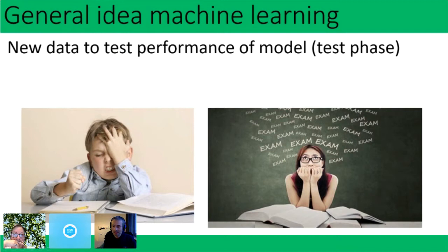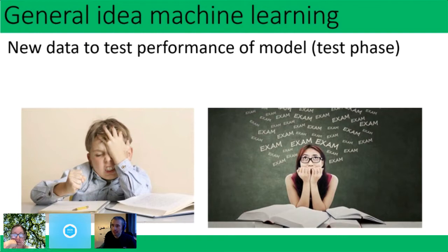As you can see here in the pictures, it is always an exciting part, because sometimes the training phase goes very well, so you see that the predictions made by the model in the training phase are very accurate, but then when you test it on new data that the algorithm has not used to make the model, it fails miserably. So it's always exciting to test a model.